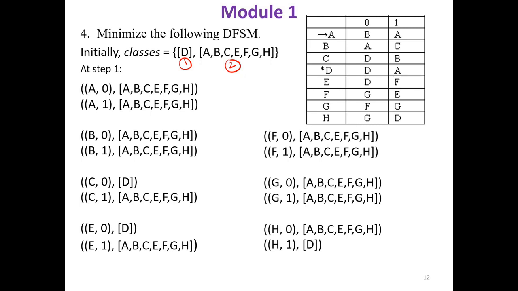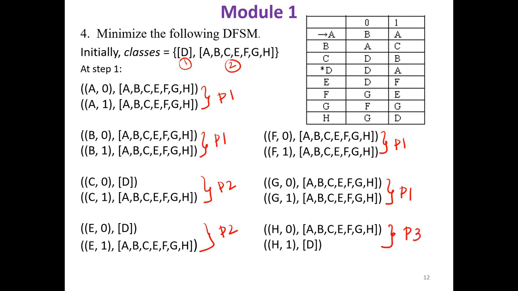Here we see A, B, then F, G belong to one pattern. This is pattern 1. Then C and E belong to pattern 2 and H belongs to pattern 3.